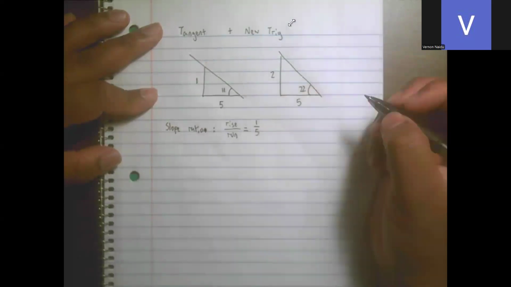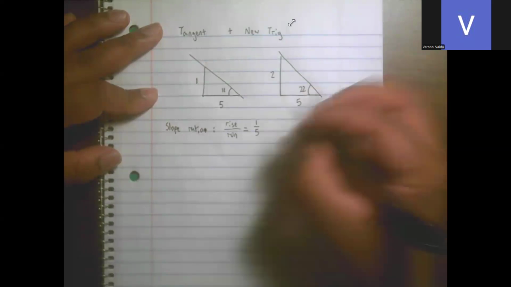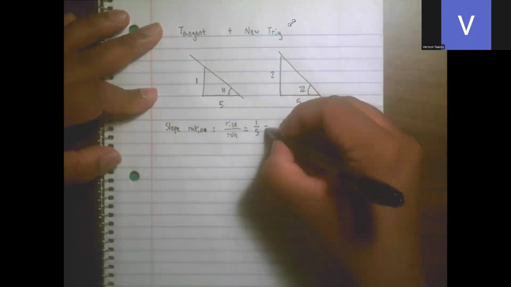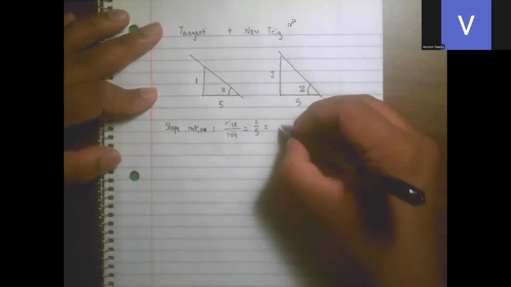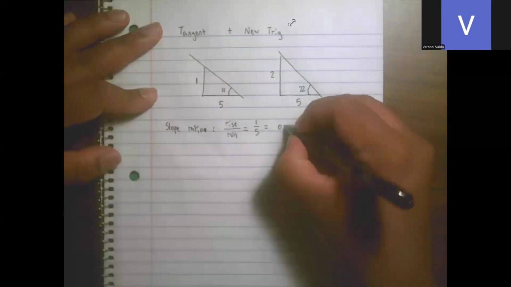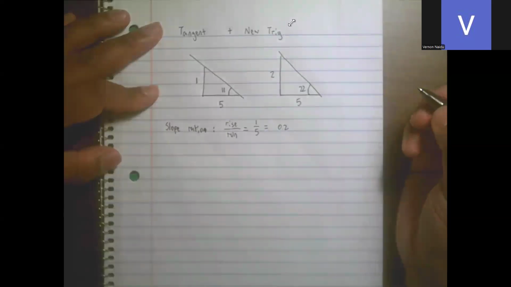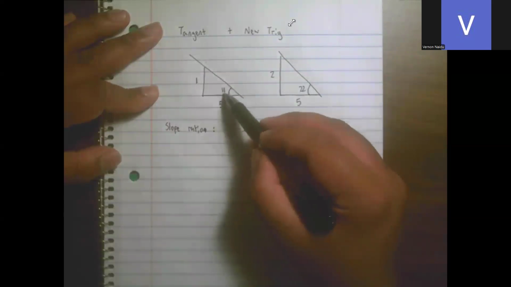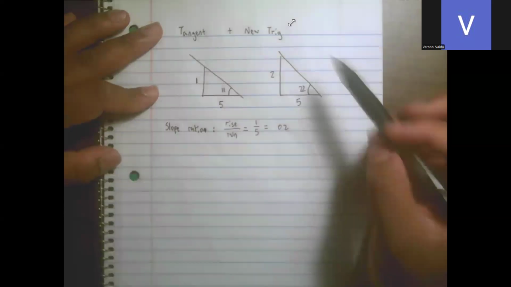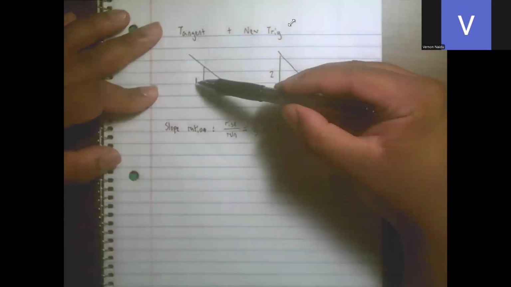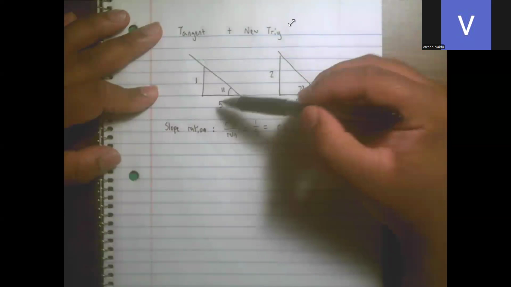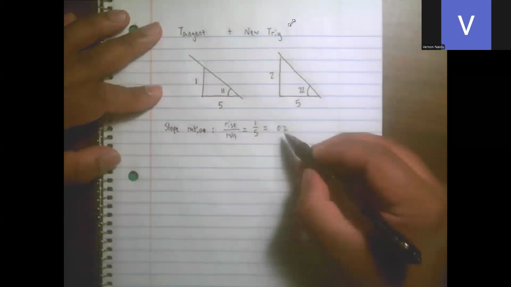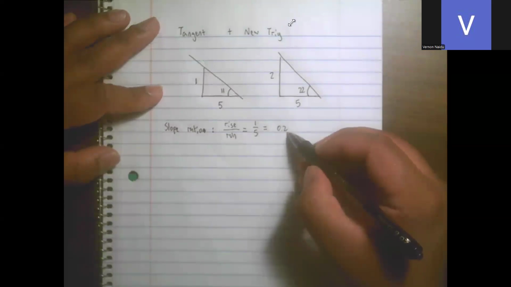So we call this the slope ratio because if we evaluate this, it would just be 0.2. It'd be some value. So we would say that when there is an angle of 11 degrees in some right triangle, the side opposite of it and the side adjacent of it would create a ratio that would equal 0.2. That was like our beginning understanding.